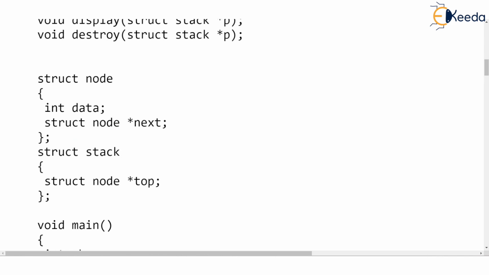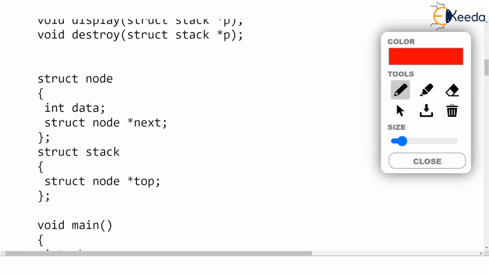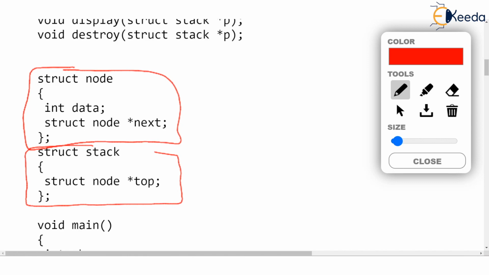After this node has been declared, one more structure has been declared, which is stack. This structure stack contains only one pointer called top, which is of node type. Now you recall from our previous video that if we are putting 10, 20, 30 in the stack, and 30 is the last node inserted, then there will be a special pointer called top which will point to 30.